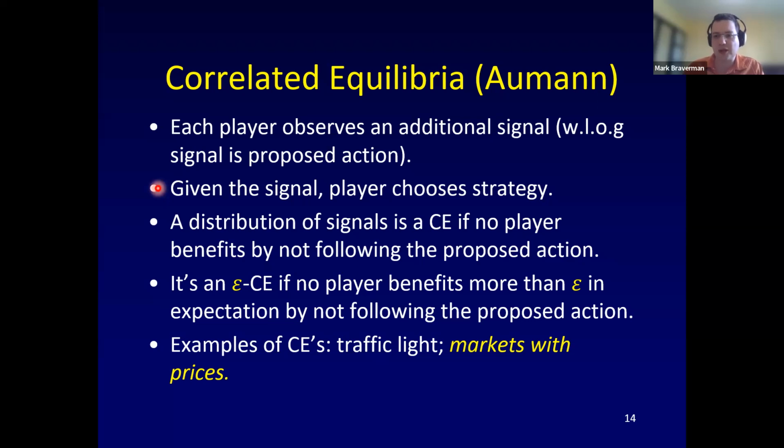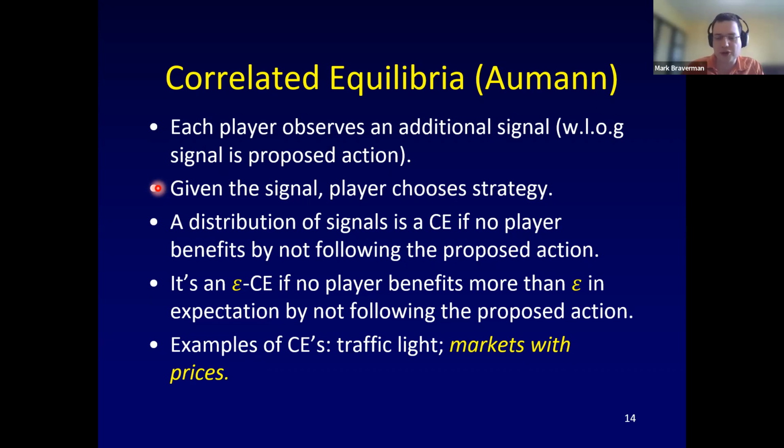But with a traffic light, when it's green, you know that the other direction gets a red. So it's a dominant strategy to go. And when you see a red, the other party sees a green, and you know that you'll get hit if you don't stop. So it's a dominant strategy to stop. And this is the only equilibrium there.